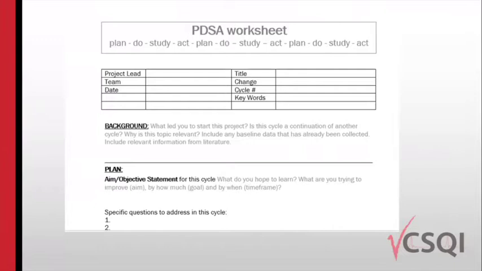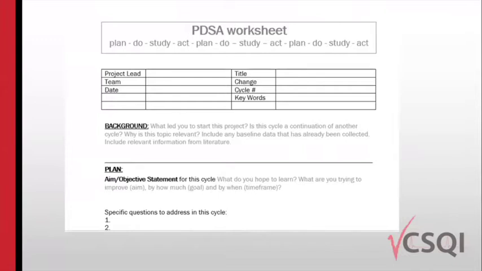Maybe it's the third, fourth, or fifth time we've done this. And so documenting these things helps us, one, to keep a record of the fact that work was done, but also helps us to understand the nuances perhaps of what changed from cycle to cycle. And again, this becomes really important if staff changes and we're trying to backtrack, how did we get to here, or how did this change get in place?